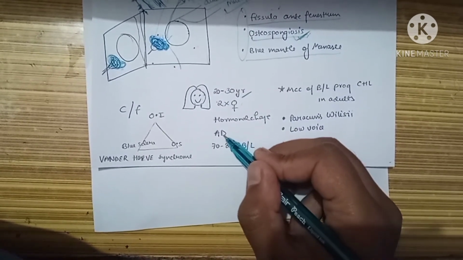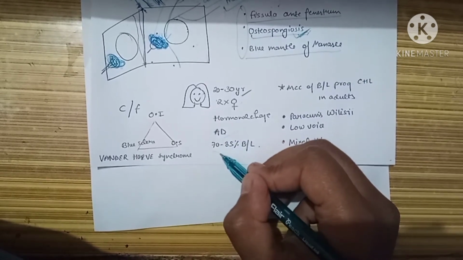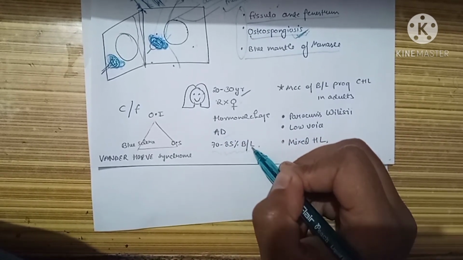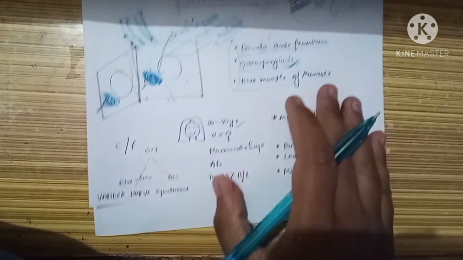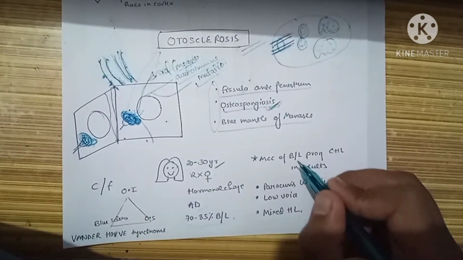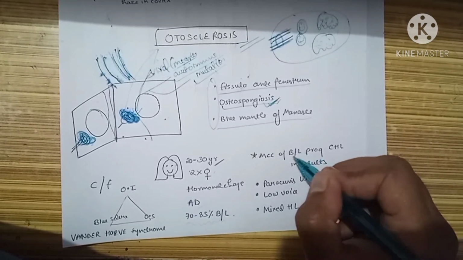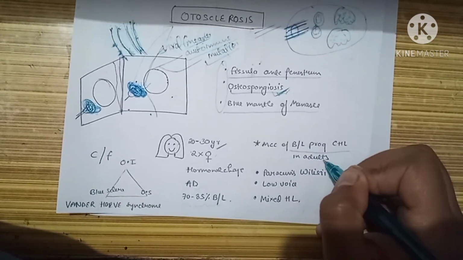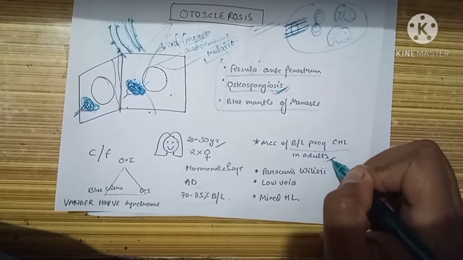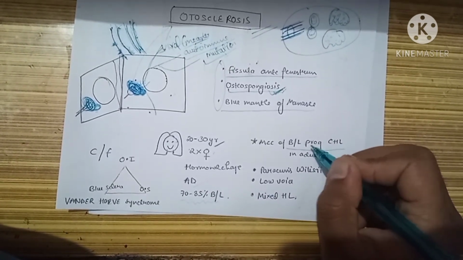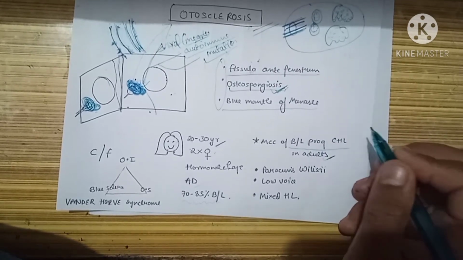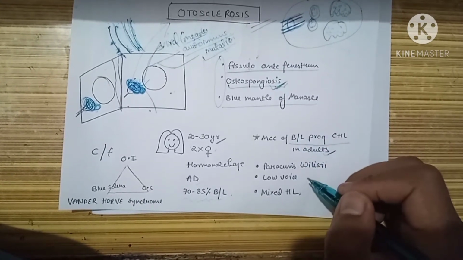If inherited, it is autosomal dominant, and in 70 to 85% there is bilateral otosclerosis. We need to remember that this condition is the most common cause of bilateral progressive conductive hearing loss in adults, whereas the most common cause for bilateral fluctuating conductive hearing loss was ASOM.